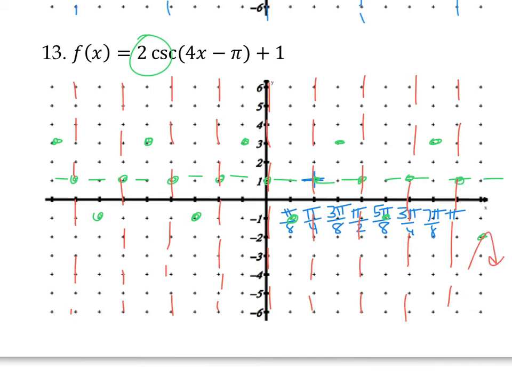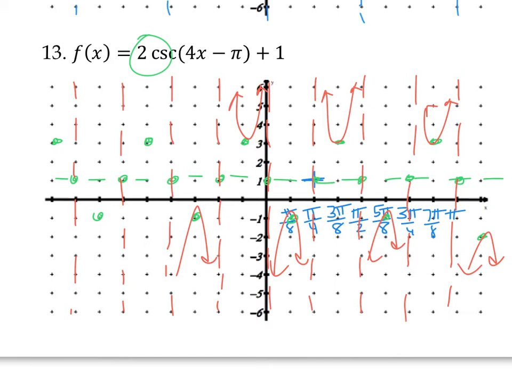And then you just draw your loops. Should be going through those points. Terrible drawing on my end.